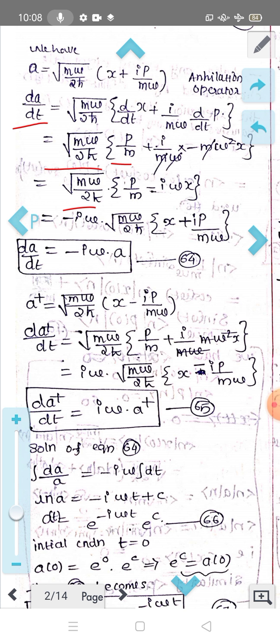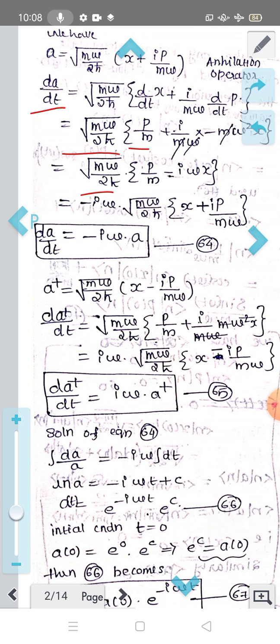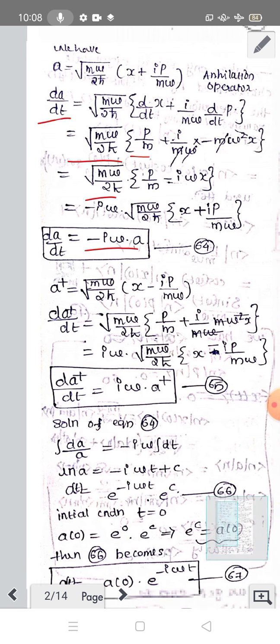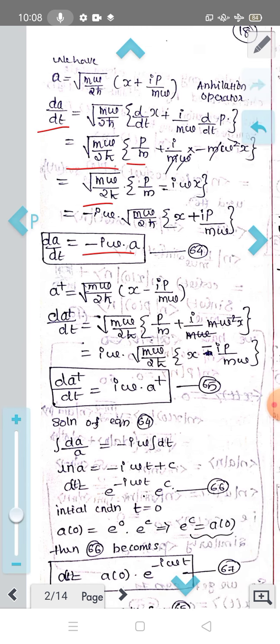So we can write dA/dt is equal to minus i ω a, because this is a, isn't it? This is a. So dA/dt is equal to minus i ω a, that is the rate of change of the annihilation operator.